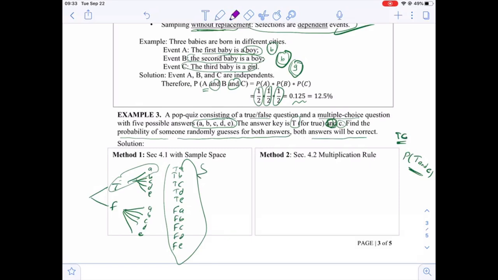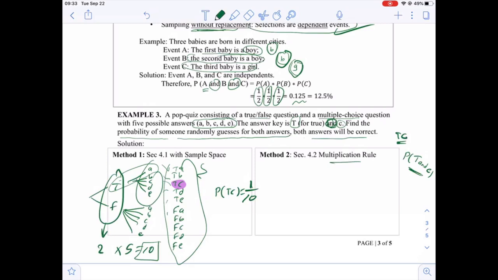Now we are interested in one answer, true and C. It's one out of how many outcomes? For the true-false question, we have 2 outcomes. For the multiple choice, we have 5 outcomes. 2 times 5 is 10. That's the number of elements in the sample space. Or you may count 1, 2, 3, 4, etc. So the answer is 1/10.